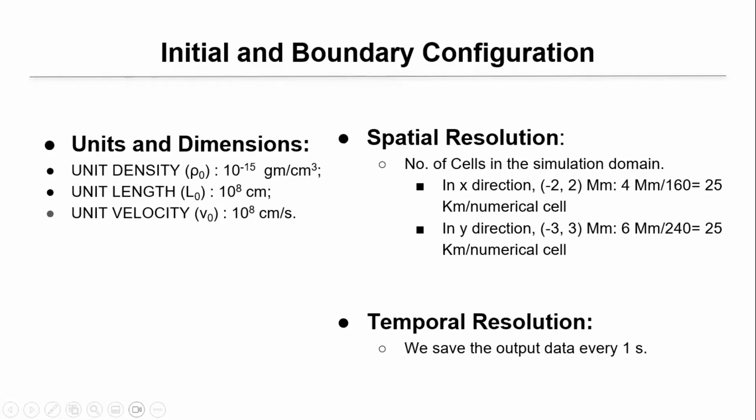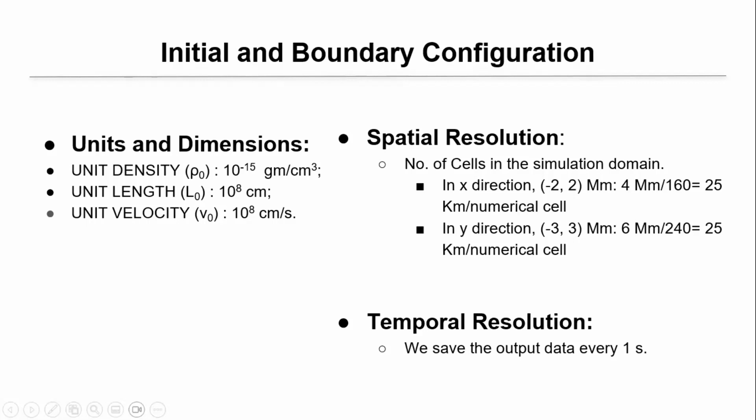Next, if we have to simulate any diagram, we need a simulation domain. For a simulation domain, we have to specify the spatial resolution. First of all we decide which pixel size we want to create. For the pixel, or grid spacing, we decided to go with 25 kilometers per numerical cell. In the X direction, we take a range of -2 to 2, that is a 4 megameter distance.